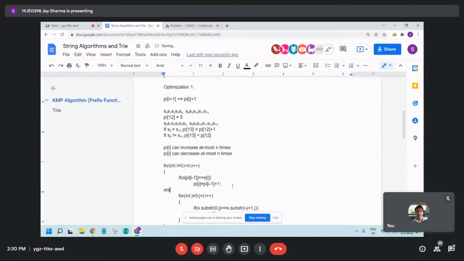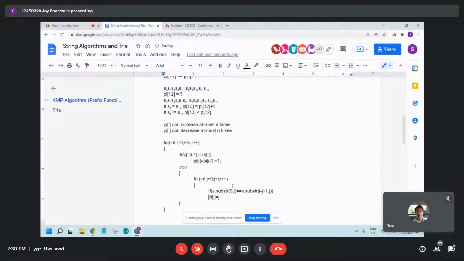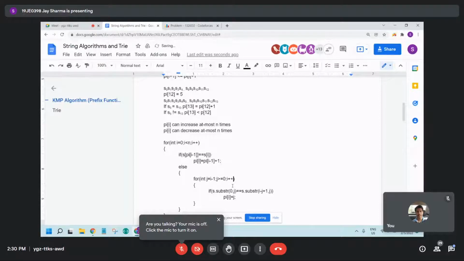And if this is not true, then we are going to loop over the value of j, and we know that it can decrease at most n times. So we will try to check with the largest values of j only. So in this case, we are not trying to go for 0 to I, we are trying to go for I minus 1 to 0, and we are decreasing.